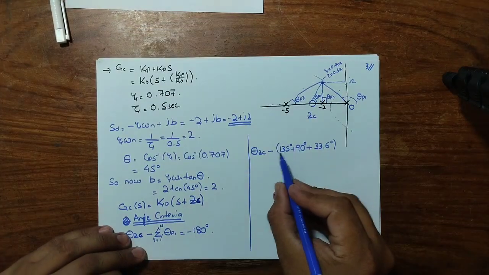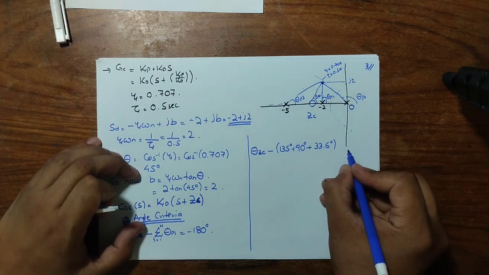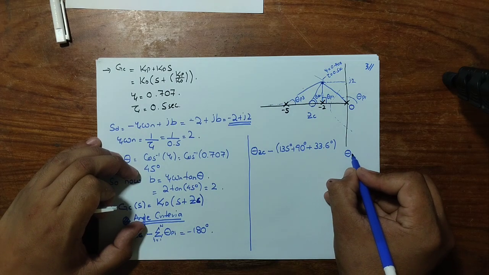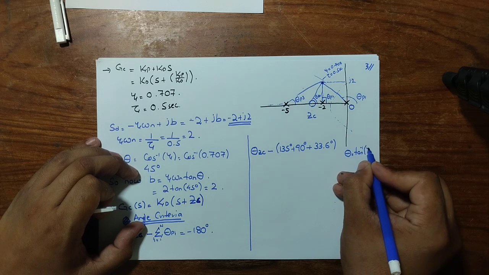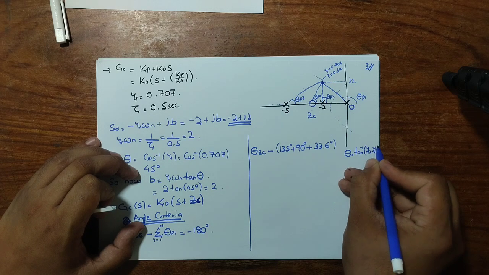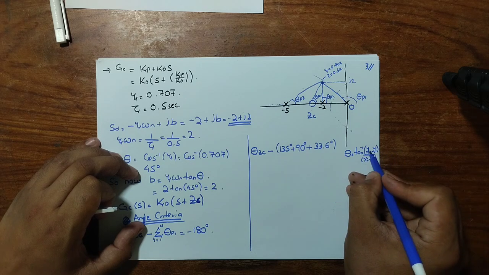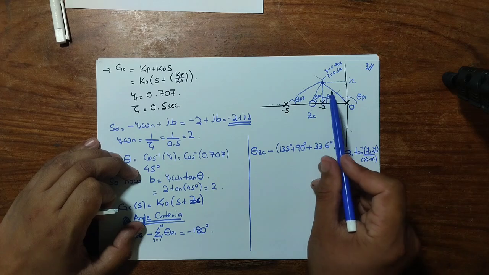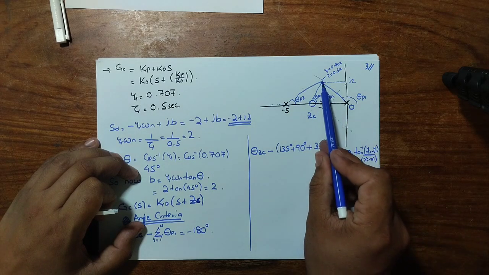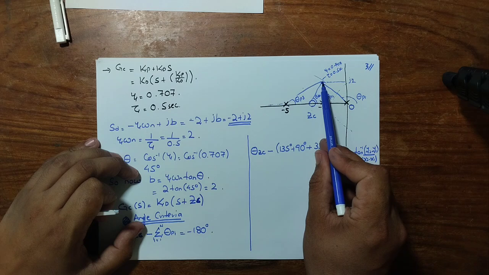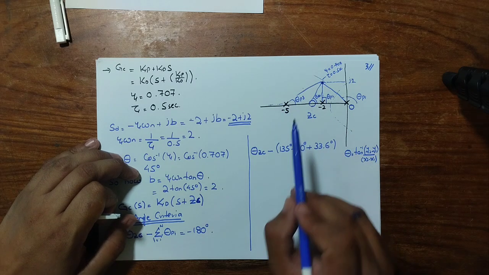Right, so these angles are calculated using the simple formula, tan of theta equal to y2 minus y1 over x2 minus x1, where y2 and y1 are the y coordinates of this desired point and this pole, and x2 and x1 are the respective desired point x-axis contribution and the pole's x-axis contribution.